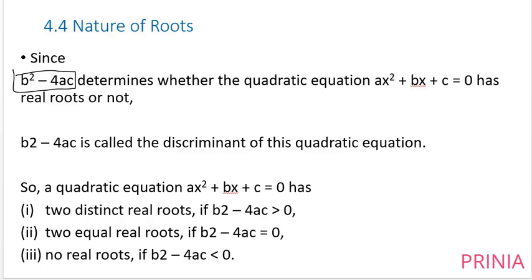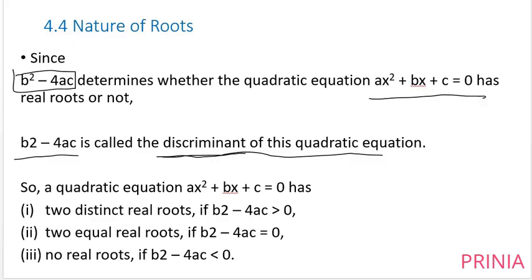In our standard quadratic equation ax square plus bx plus c equal to 0, this b square minus 4ac is called the determinant, the discriminant, of the quadratic equation. So the determinant determines the nature of the roots.